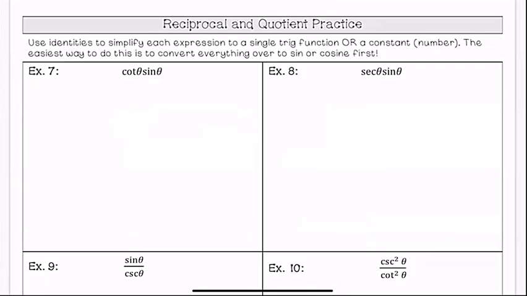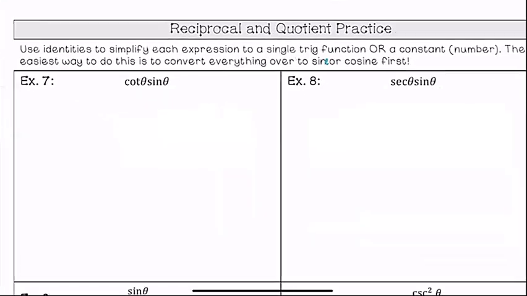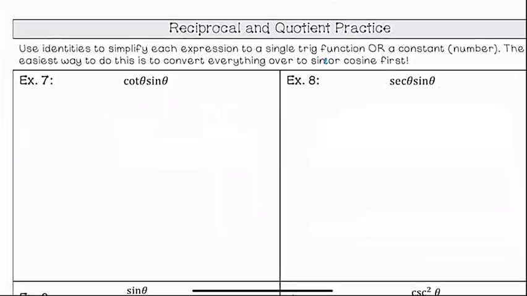The easiest way to do this is to convert everything over to sine or cosine first. There is a typo. There should be an E there. There we go. Okay, the reason we're going to convert to sine and cosine is so we only have 2 things to try to cross out as opposed to 6 different things. And it'll make more sense once you see it. So we're just going to jump on in.